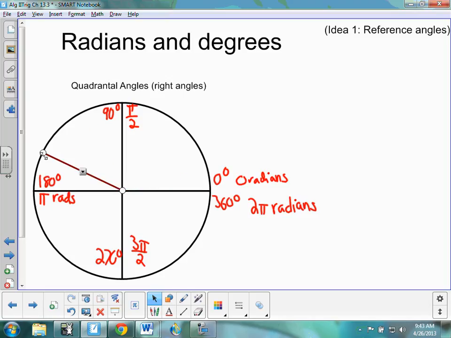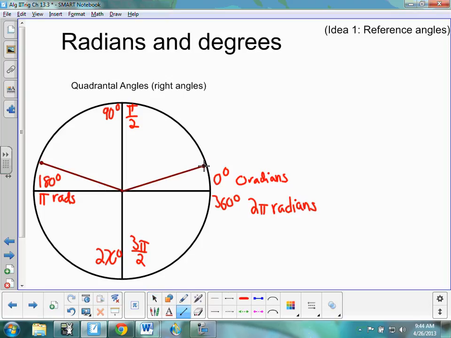If I had an angle over here, let's say that's 150 degrees. This whole space is 150 degrees, but this little angle right in here is basically the same as this angle here.